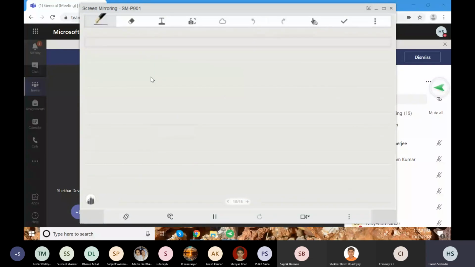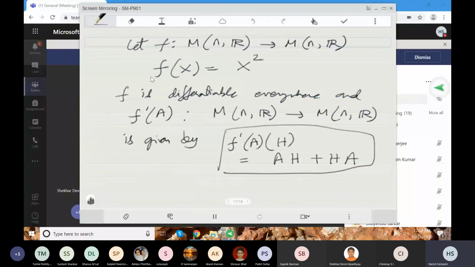Right, and also, having made such a fuss about norms, I should remark that I can see M_n(R) as Euclidean space, so I have the option of working with the Euclidean norm.